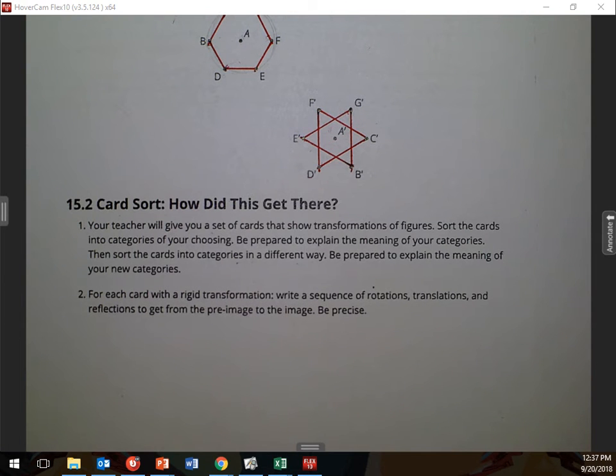Alright, so I'm going to start handing out these cards to every group, and you guys are going to talk about these. Actually, I need a couple more volunteers. Can I get a volunteer here, please? Come on. Hey, don't be shy. I need volunteers.